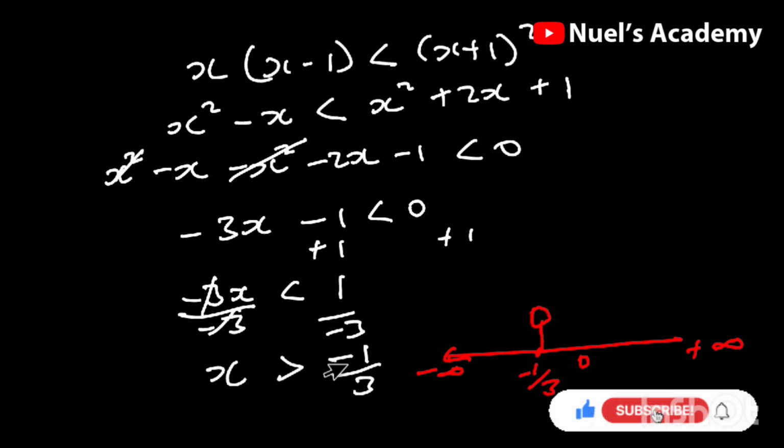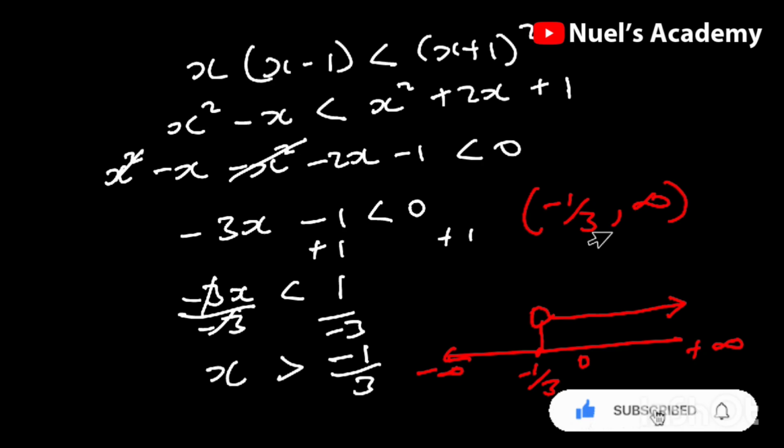So it's greater than negative 1 over 3, so we're going to go to the right hand side. To represent this in interval notation, it is going to be open parenthesis, then negative 1 over 3, then comma infinity. It means that any number within this range is going to satisfy the answer we have here.